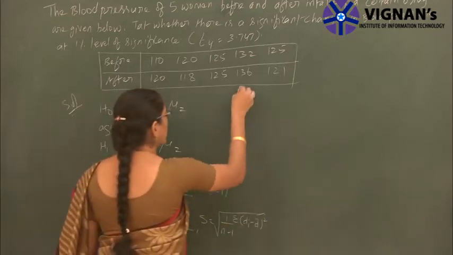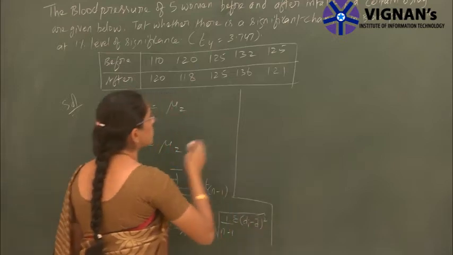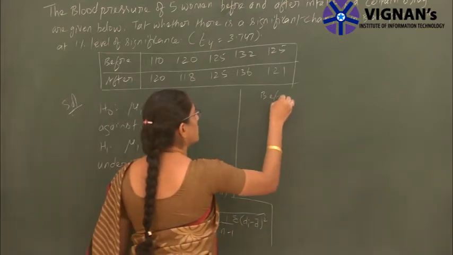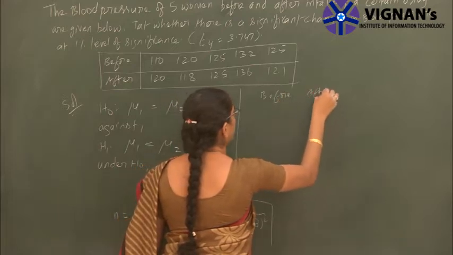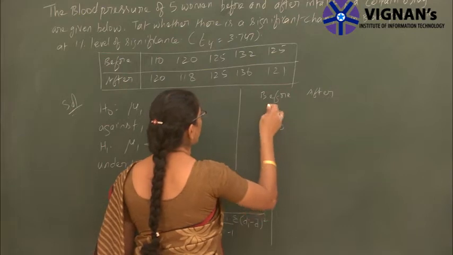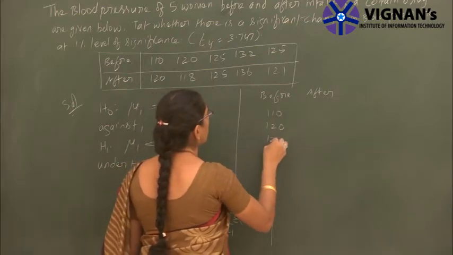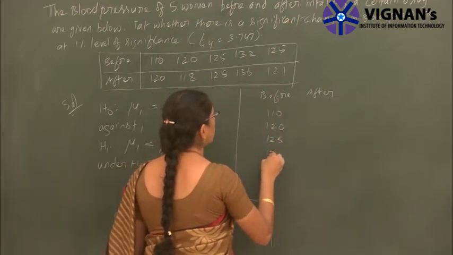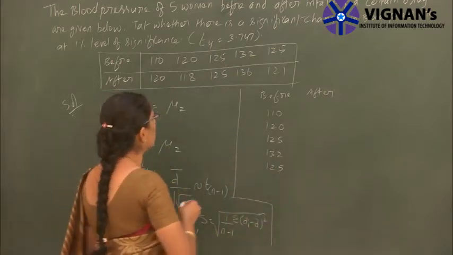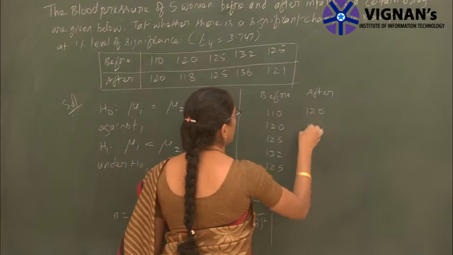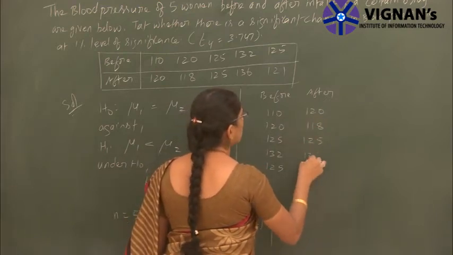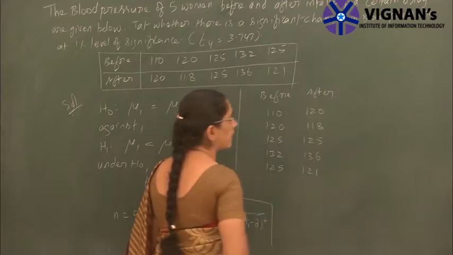Okay. Now first we consider the differences between before drug and after drug. So before drug the readings were 110, 120, 125, 132 and 125. Now after drug here 120, 118, 125, 136 and 121.